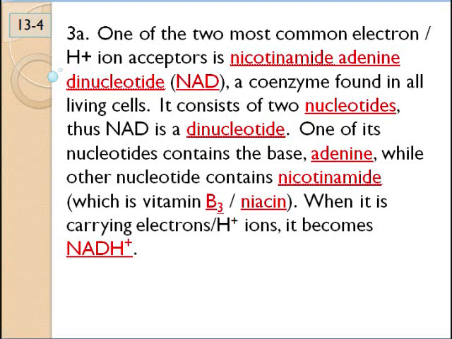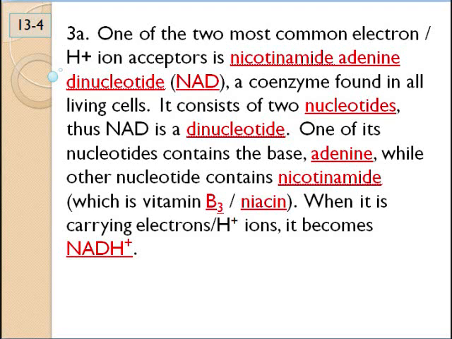One of your acceptors that's going to help you make energy contains vitamin B3. You want that in your diet because you need it to build the NAD. You won't build it without niacin. Now, when it's not carrying hydrogen, it's called this. When it's carrying hydrogen, it's called that.